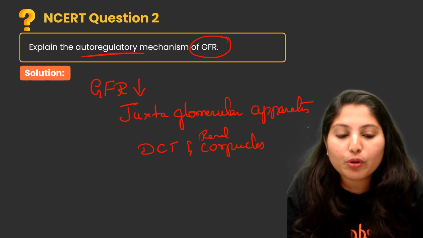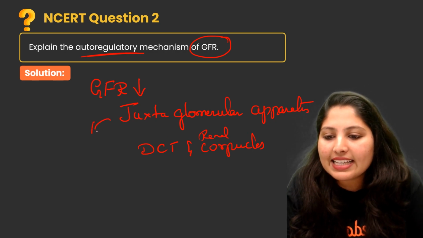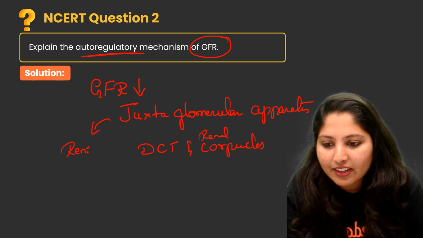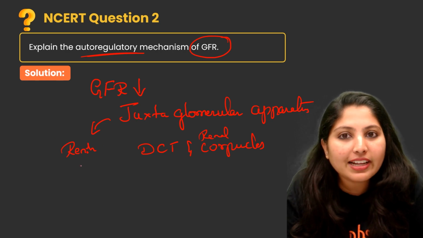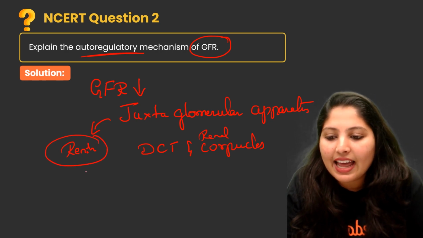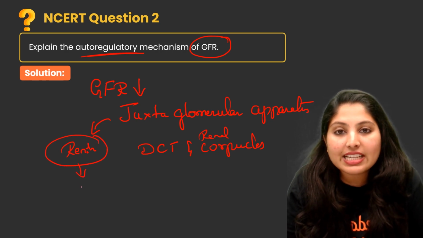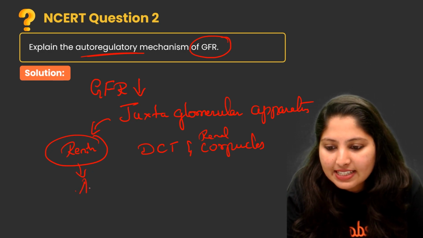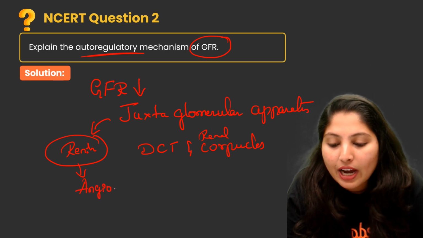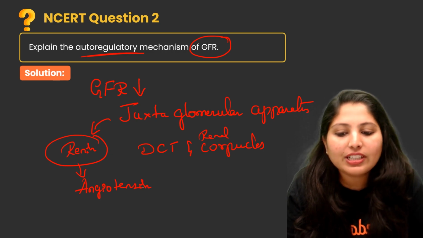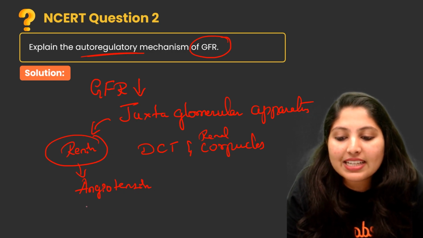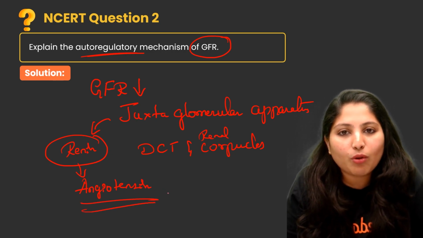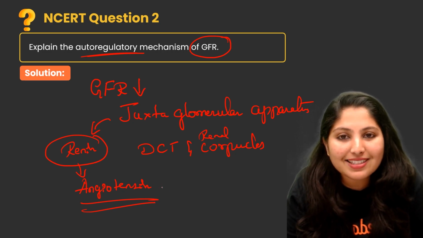This juxtaglomerular apparatus releases renin, a chemical called renin. This renin activates the angiotensin mechanism. What will this angiotensin mechanism do?